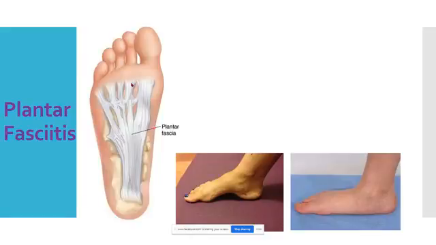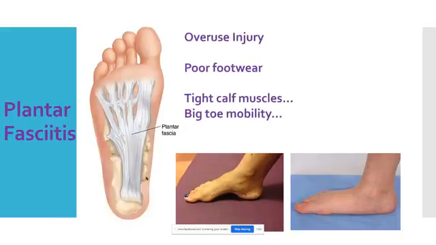Okay, so here's a good picture of the plantar fascia, because the plantar fascia is just a big ligament. It's a big piece of connective tissue that starts on your heel and goes up to the pads of your toes here. So tight calves, pronation, collapsed arches, things like that will put this connective tissue on stretch.